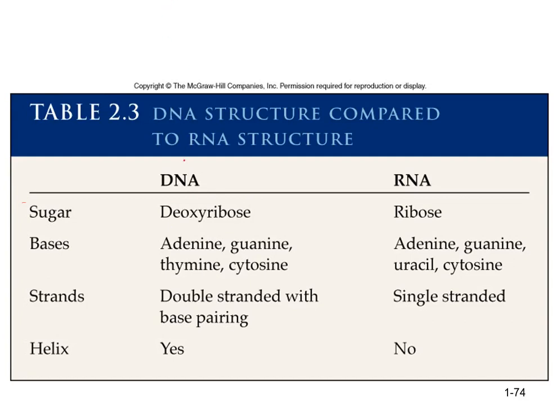The bases in DNA are adenine, guanine, thymine, and cytosine, which is A, G, T, C. The bases in RNA are adenine, guanine. Instead of thymine here, we have uracil. And then we have cytosine. So there is one change.